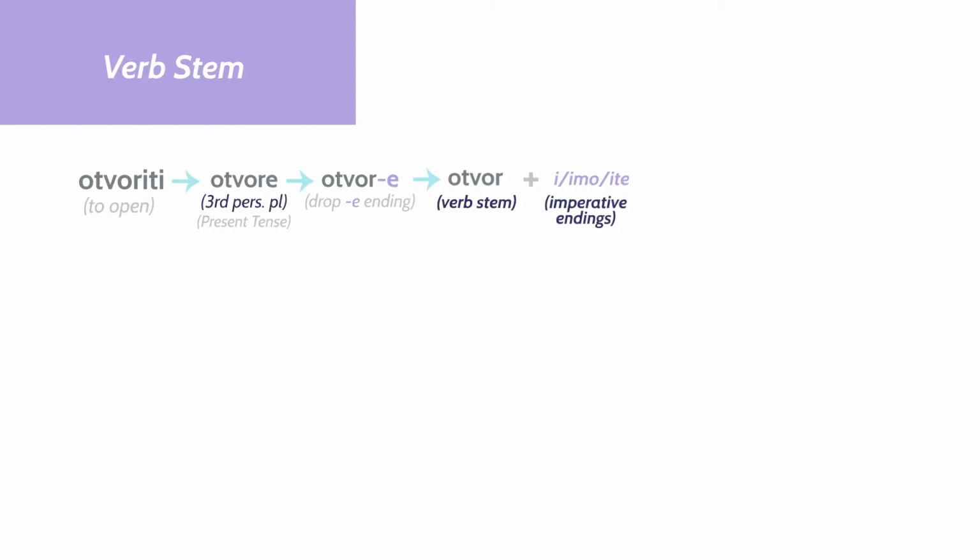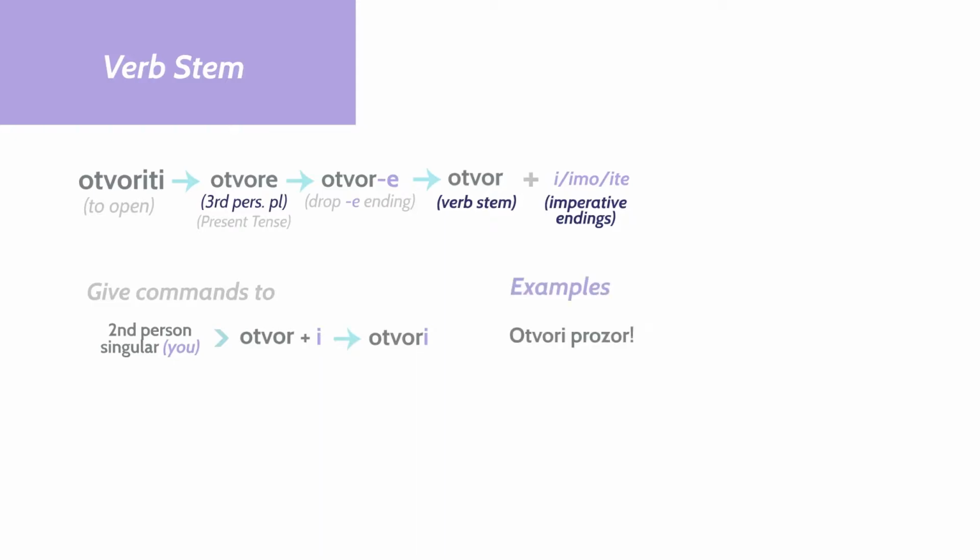So with our verb stem otvor, we can now give the command to second person singular, which is you, by adding the imperative ending i, otvori. In an example, this can be used as otvori prozor. Open the window, meaning you open the window.